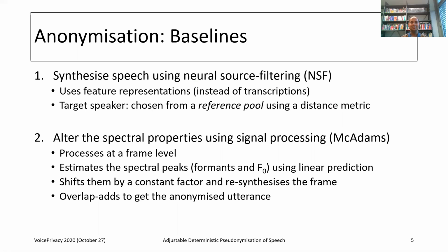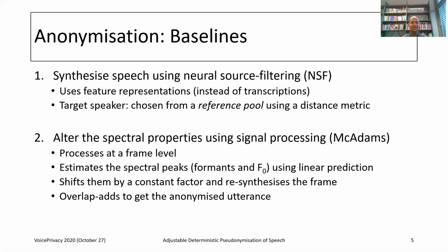The other alternative is to use a signal processing based method, which alters the spectral properties of the evaluation signal. We process at a frame level. So for each frame, we estimate the spectral peaks using linear prediction. This estimates the formant frequencies as well as the fundamental frequency at the pole locations or at the peaks.